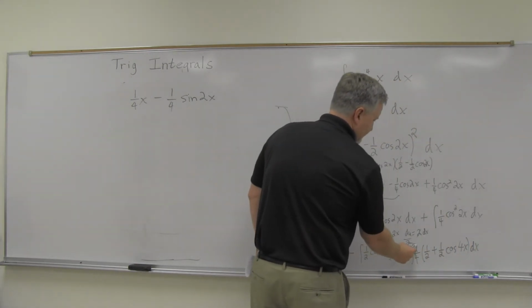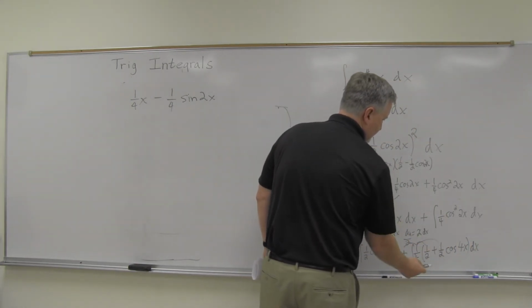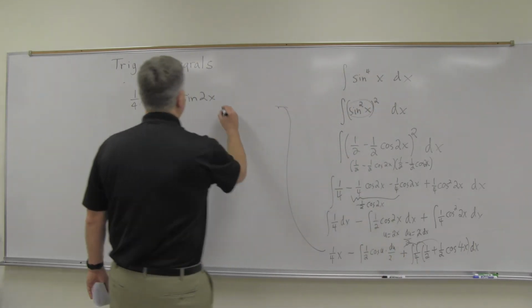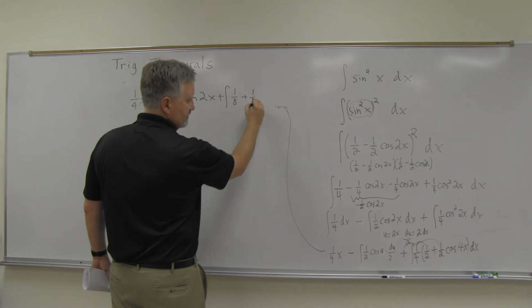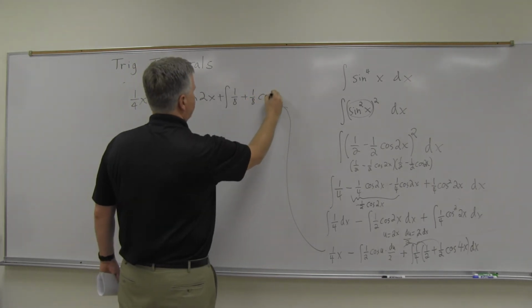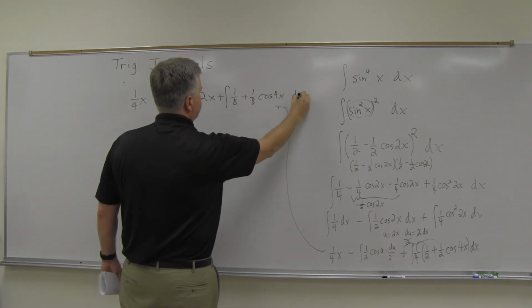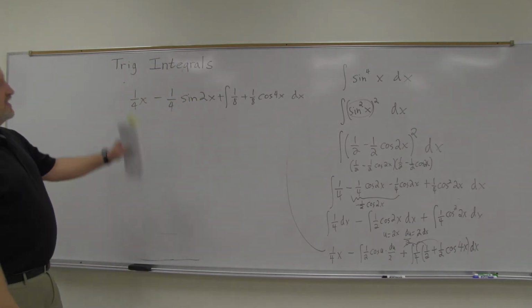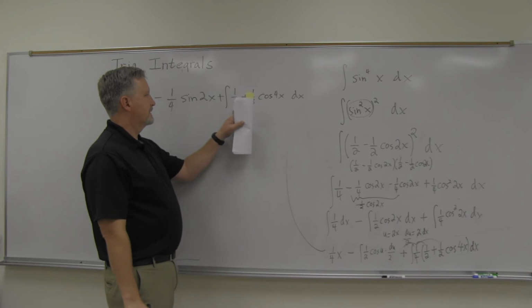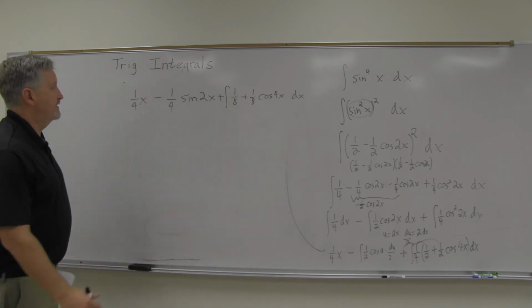What do we have? Well, distribute. I'll go ahead and distribute the 1/4 just to make it fairly clear. So it'll be 1/8 plus 1/8 cosine of 4x. Well, again, we've got just a regular antiderivative.